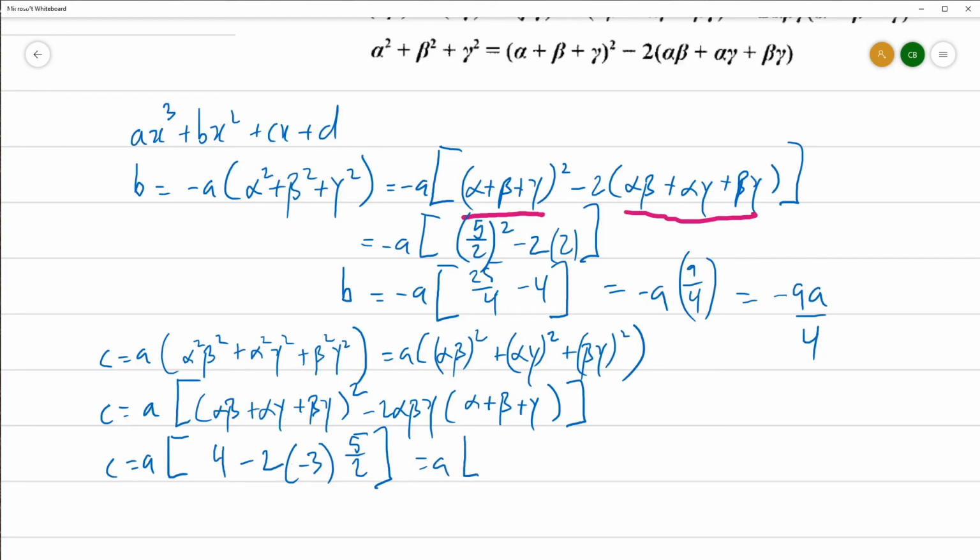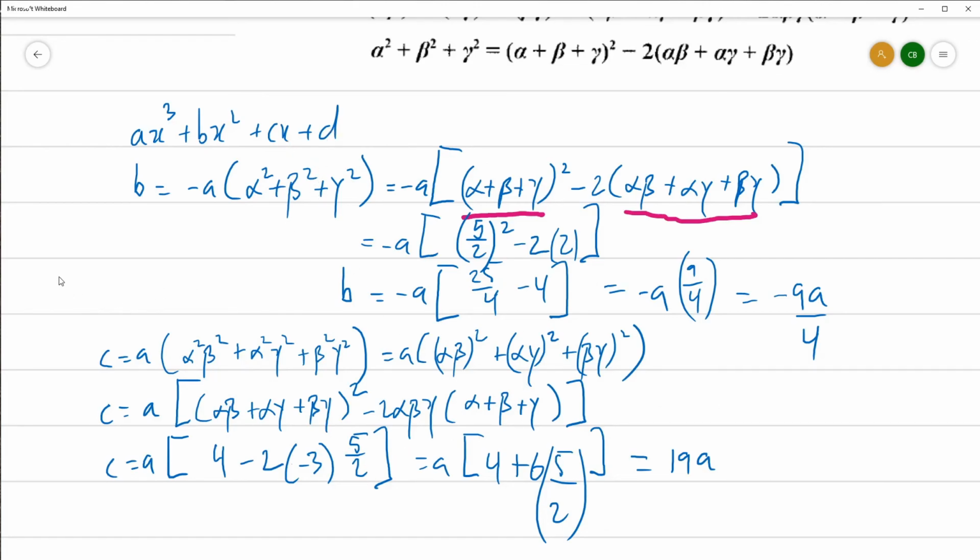So that is a times 4 plus 6 by 5 on 2. 6 5s are 30. So the 2 will cancel here. So that's a 3. So that's 3 by 5 is 15 and 4 is 19. So c is 19a. That's the c.